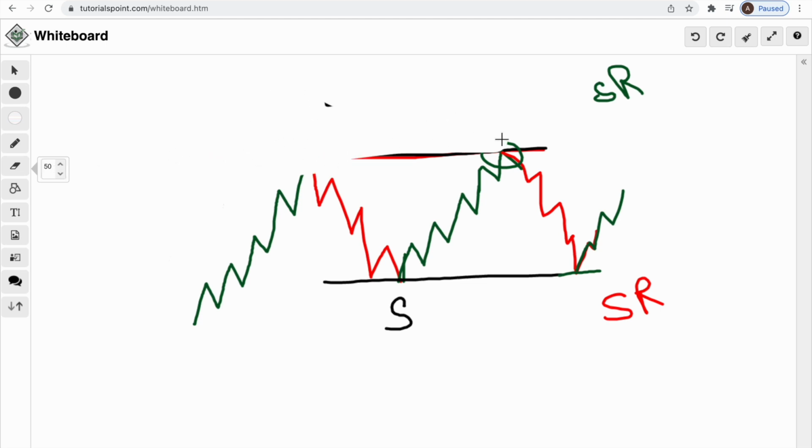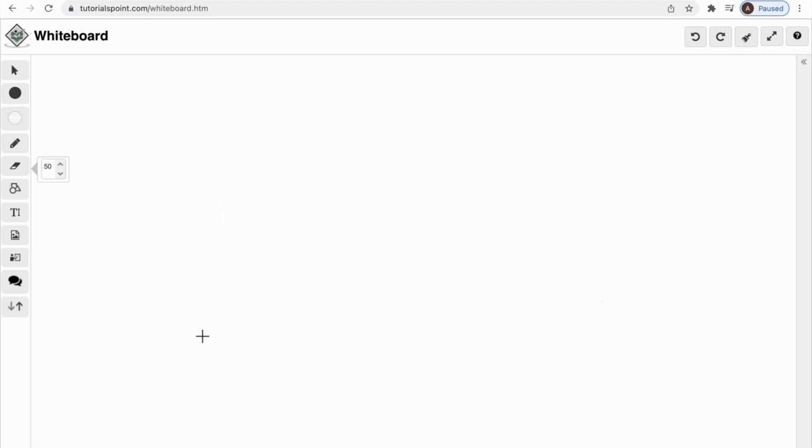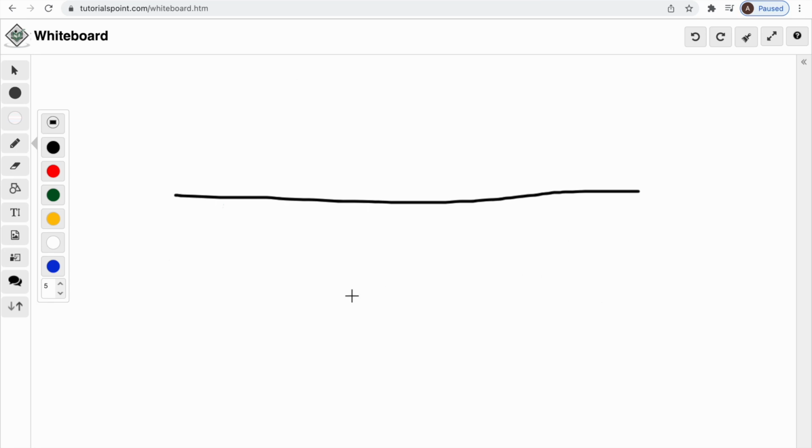Now let's see what is a trend line. Before trend line, let's just see the break of support and resistance. Now say we have a good resistance line drawn, a good support line drawn. The market goes up. It fails. This is a good resistance we have drawn.